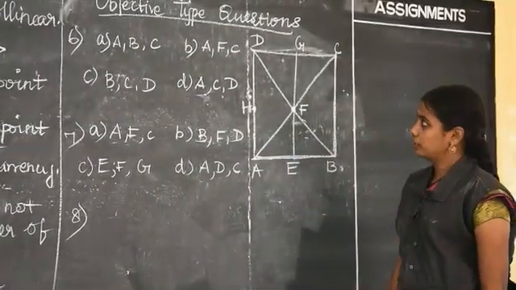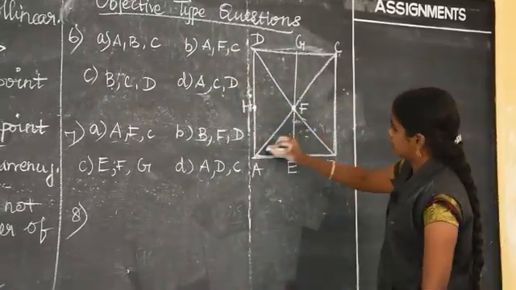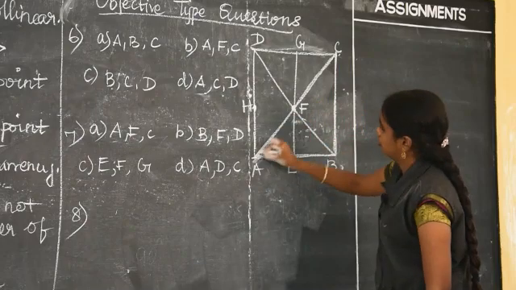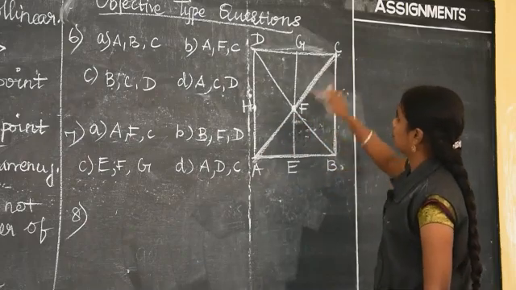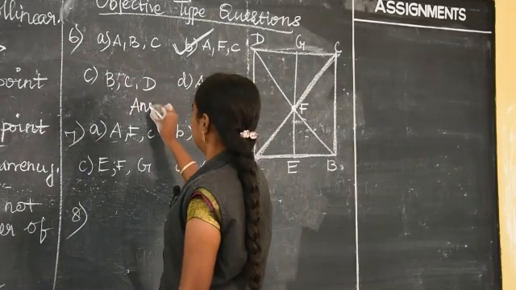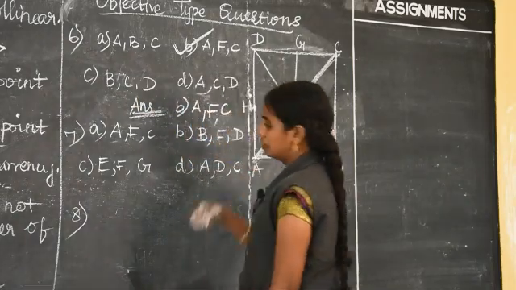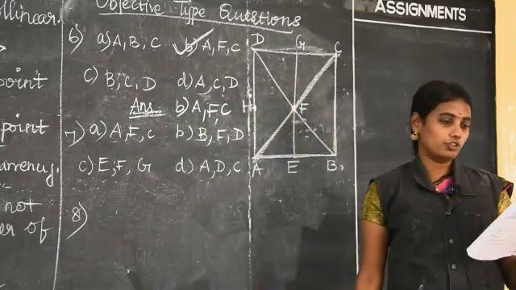So it is not collinear. Next, A, F, C. This is a line or not? Line. On a line we have 3 points. So the answer is option B, A, F, C. Collinear means 3 points on a line, don't forget.